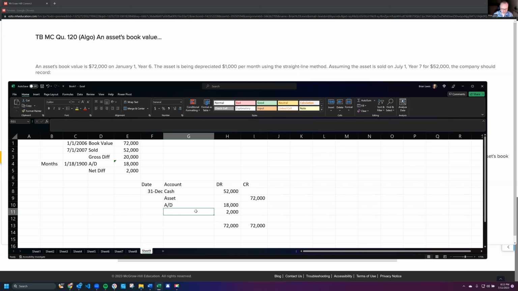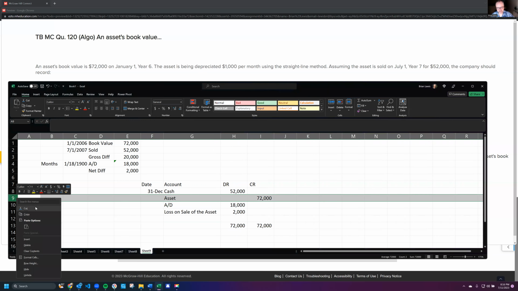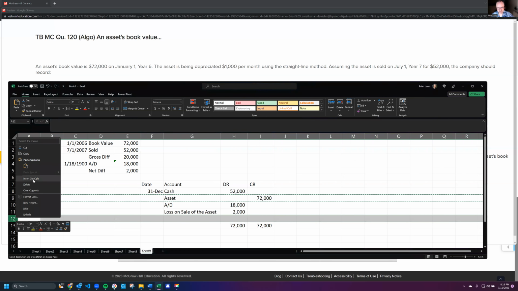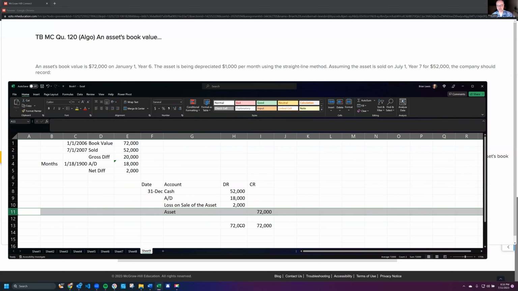So this is going to be a loss on sale of the asset. Now, some would say the proper way of recording this would be like that, but I just did it in the format of thinking through it logically and trying to see what went where.